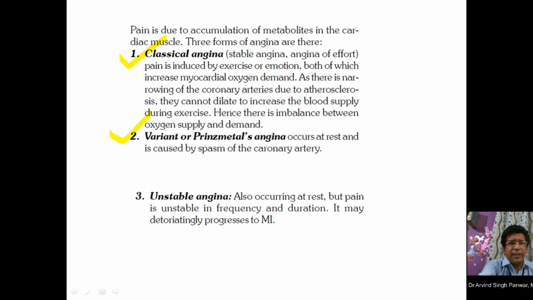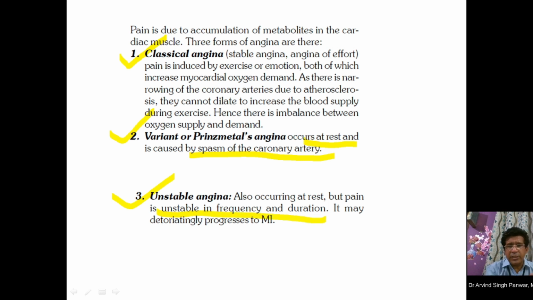The second one is the variant or Prinzmetal angina that occurs at rest, and it is caused by spasm of the coronary artery. And the third one is unstable angina. As the name itself suggests, it occurs at rest, but the pain is unstable in frequency and duration.